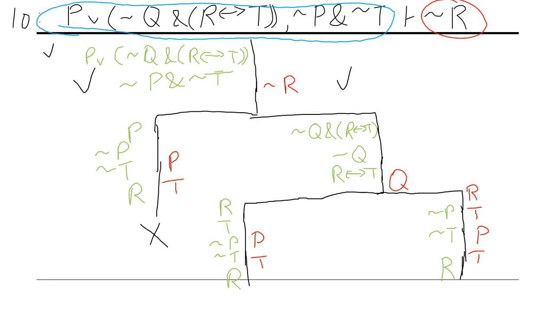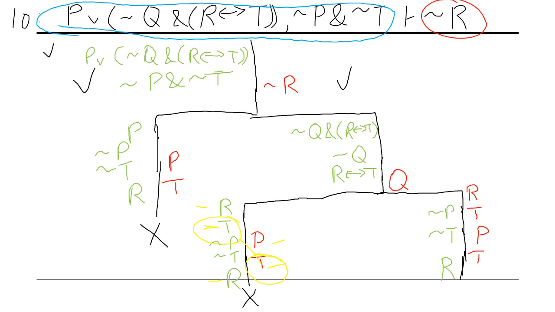We've got an R on the left, T on the right, P on the right, R on the left. Oh, sorry, and a T on the left. So we got two T's. Those will cancel out.